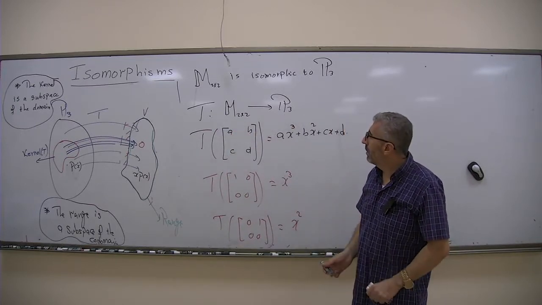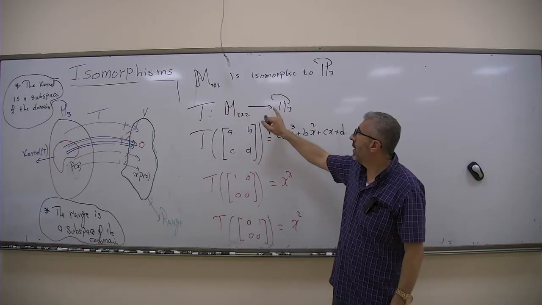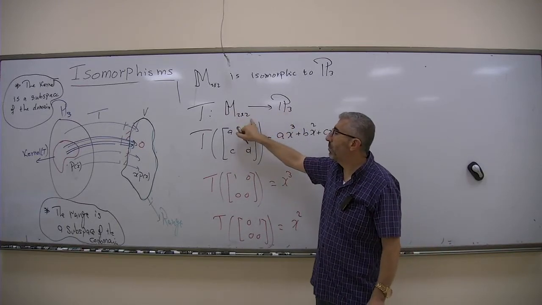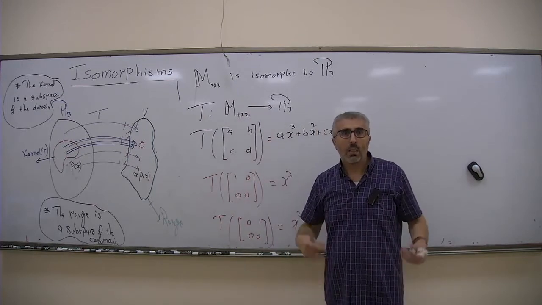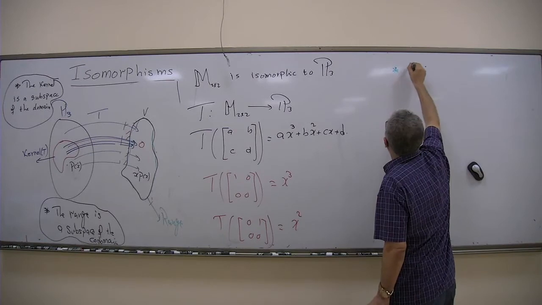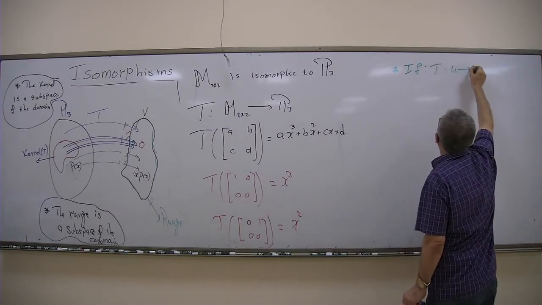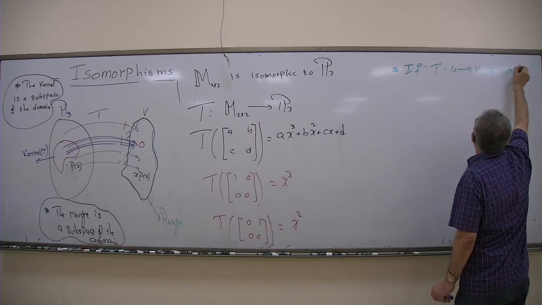So instead of taking this from M2 by 2 to P3, we can take from P3 to M2 by 2. We can reverse the process. It is an isomorphism. So let me write this as a remark. If T from U to V is an isomorphism.